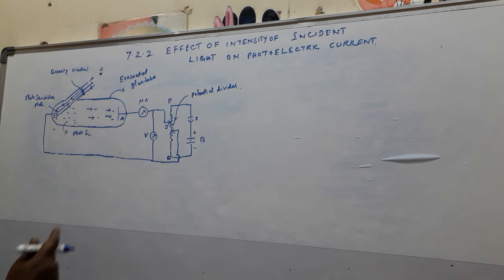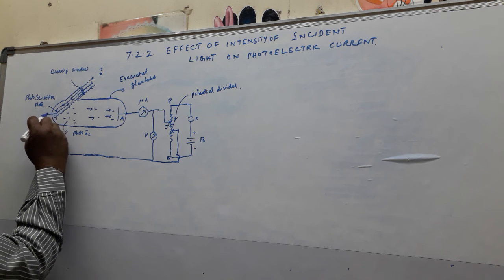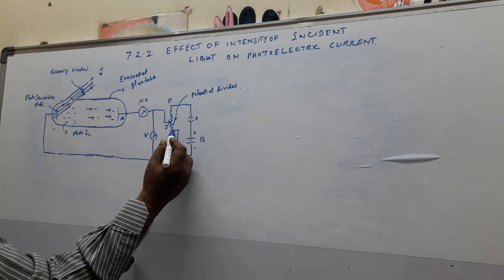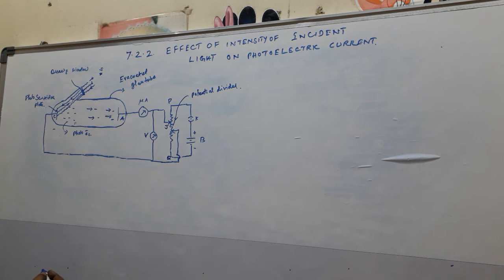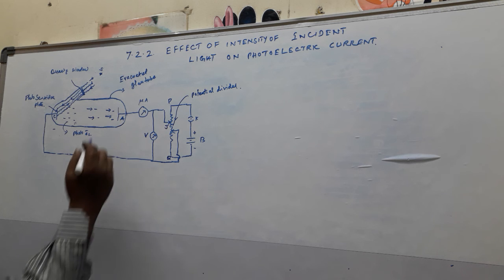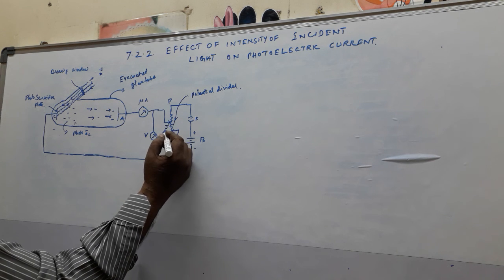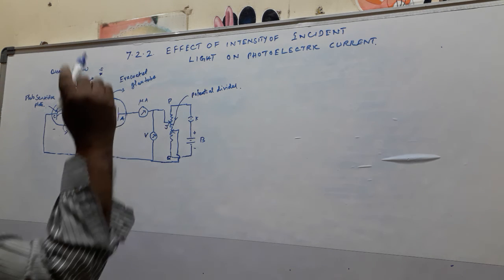And now C is connected with the middle of this PQ, and the anode is connected to the sliding edge J through the potential divider.